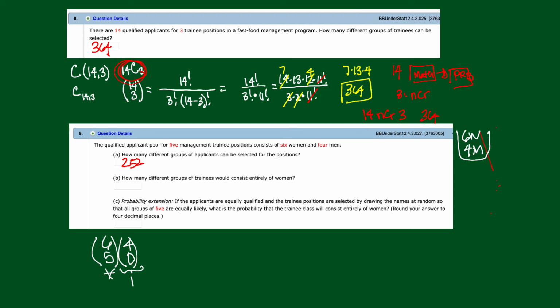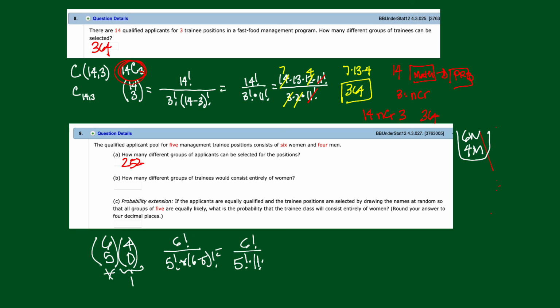It's probably faster just to do it by hand. So it's going to be 6 factorial over, now the number that you want, 5 factorial, times 6 minus 5. If I write everything out, this is 6 factorial over 5 factorial times, well, 6 minus 5 is a 1, so 1 factorial.